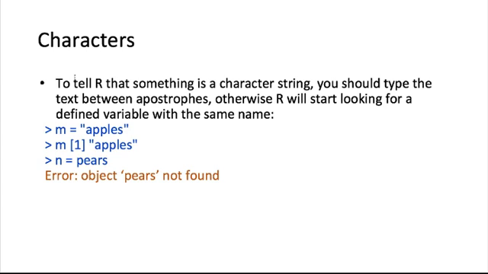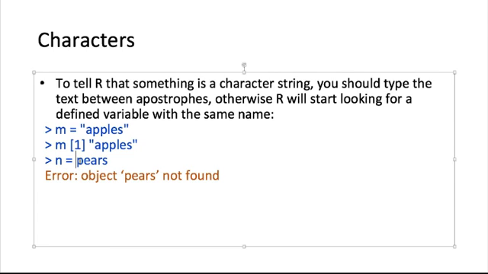So for characters, it's important that we know how to store characters. So if I were to type in a equals 3, that assigns the number 3 to a. But what if I wanted to assign the word pair to the letter n? If I just typed in n equals pair, I'll get an error because pair is a string, and if R doesn't see any quotes, it treats this data as a numeric.